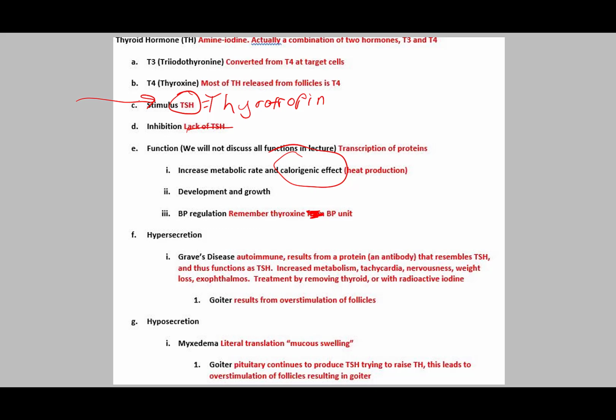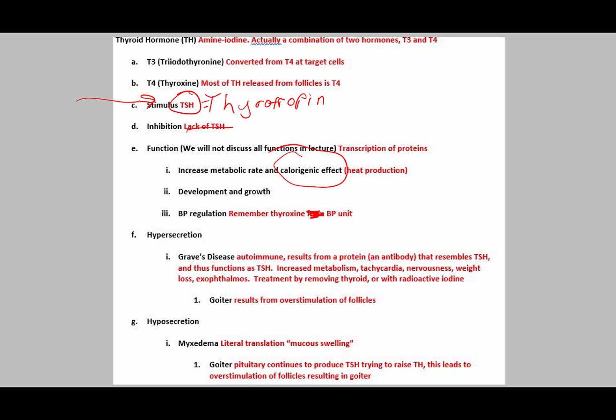Well, by removing the thyroid gland entirely, or by giving the person radioactive iodine. So since we said T3 and T4 is because of the iodine, that's how many iodines there are, that means we need iodine to build thyroid hormone.